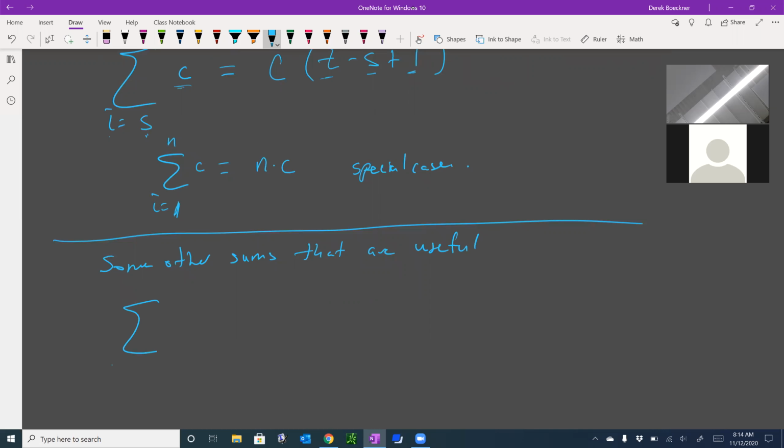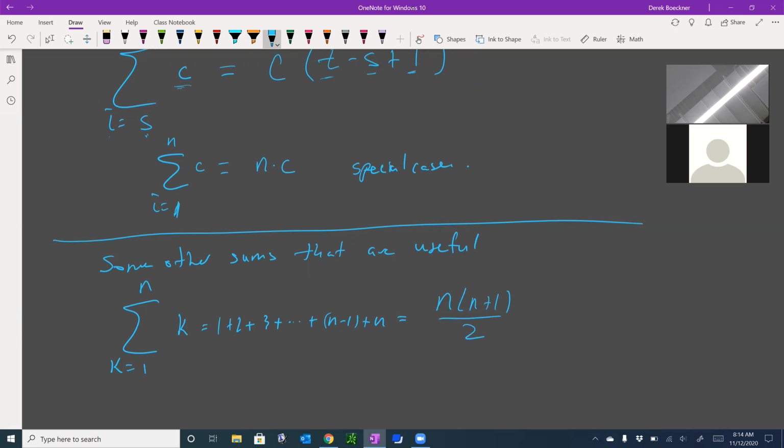Like the sum with k as our index variable, k equals 1 to n of k. So I take 1 plus 2 plus 3 plus 4 plus 5 all the way up to plus n. Well, that's going to be n times n plus 1 over 2.